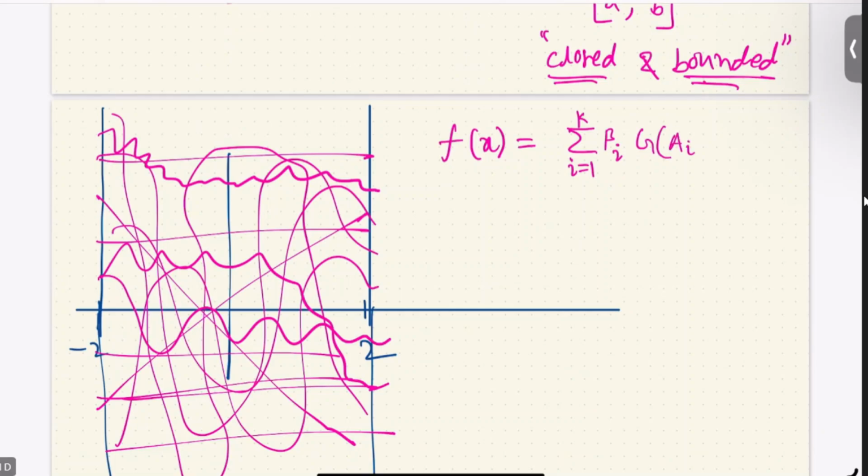The notations are the same. I am trying to recollect the same notations so that you don't bother much. The affine functions composed with g, a particular fixed continuous function, and we have k components, and this is one such function, and there are all such. These are all varying with the a's and with the k's and with the betas.